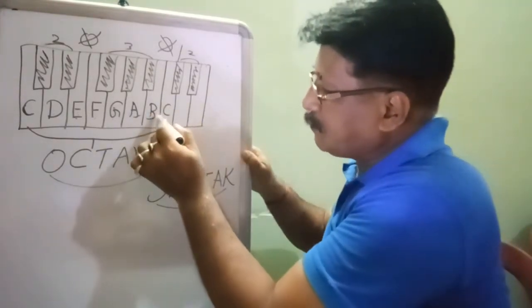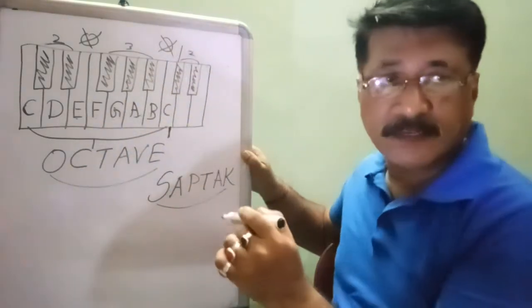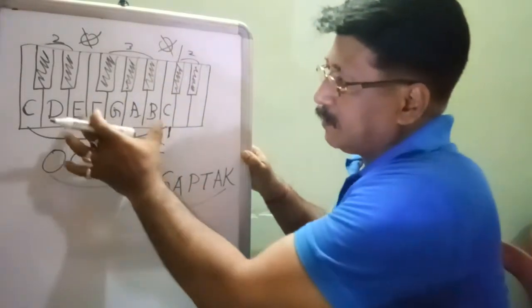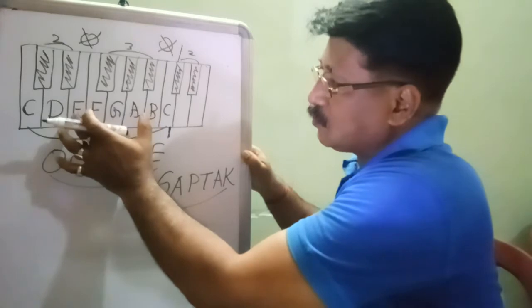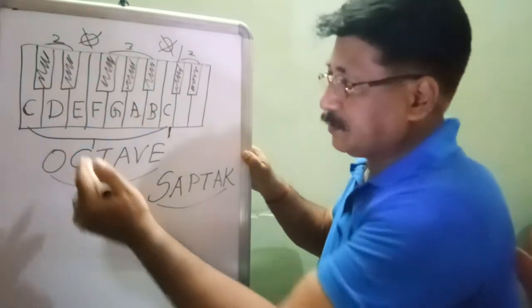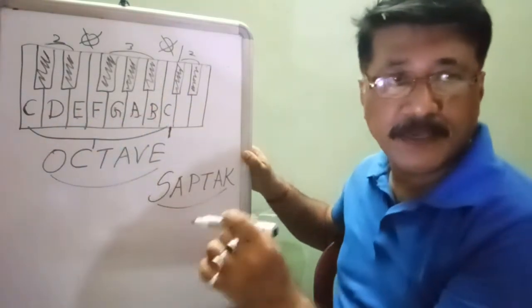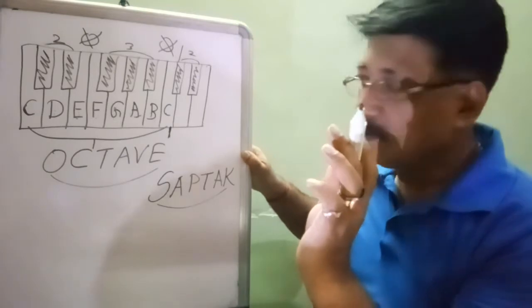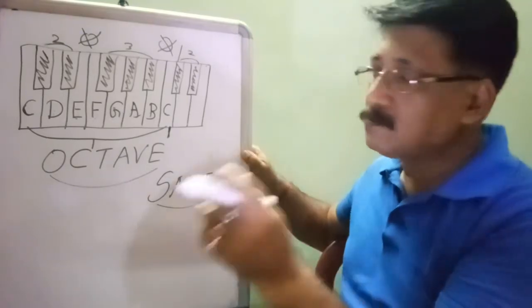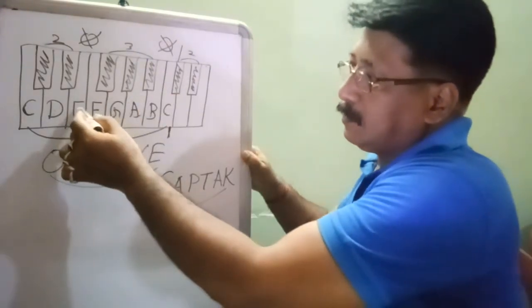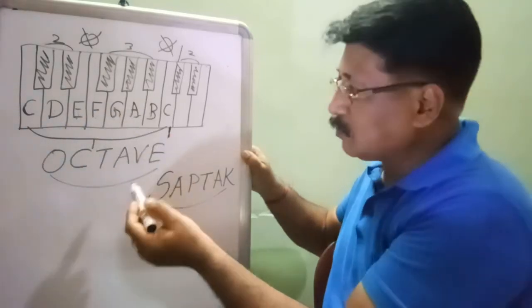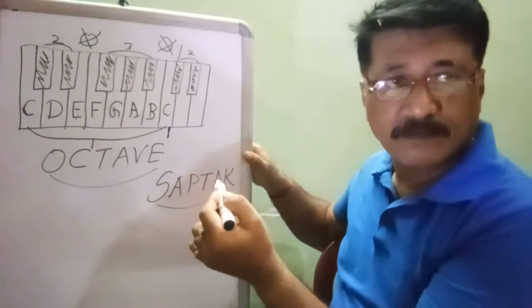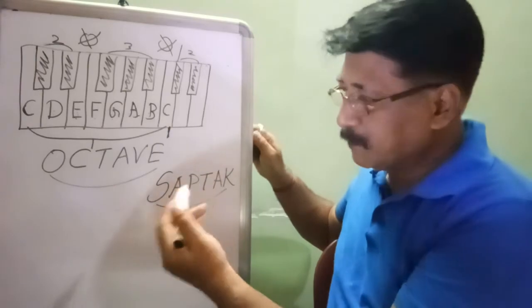Another point: between B and C there are no black keys. Here you find between two pairs of notes there are no sharps, that is B and E. B and E have no sharp. It means in Indian classical also, E to F is a half note, and B to C is a half note, a half step only.